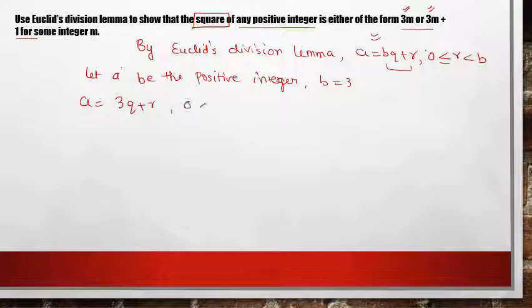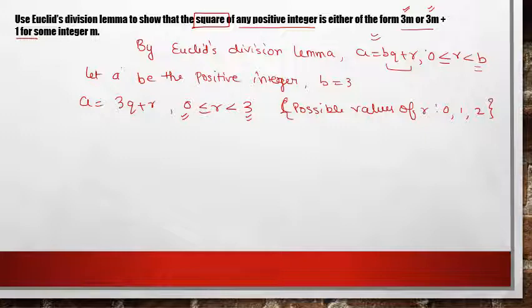Now the possible values of r, if we put b as 3, are: the least we can have is 0 and we need to have less than 3. So 0, 1, 2. Only these possible values we can have, correct?